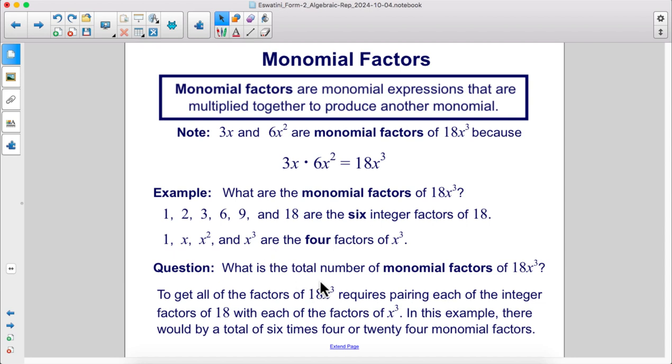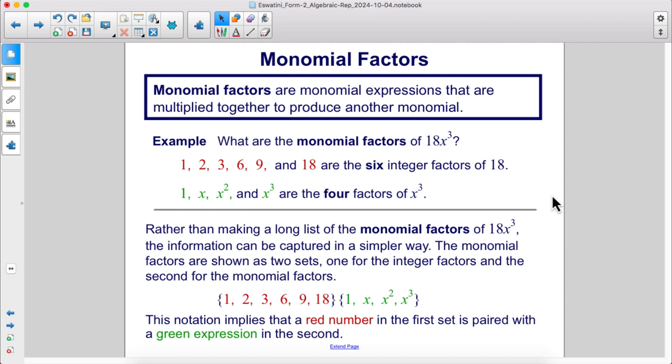So what is the total number of monomial factors of 18x cubed? To get all of the factors of 18x cubed requires pairing each of the integer factors of 18 with each of the factors of x cubed. In this example, there would be a total of 6 times 4, or 24 monomial factors.